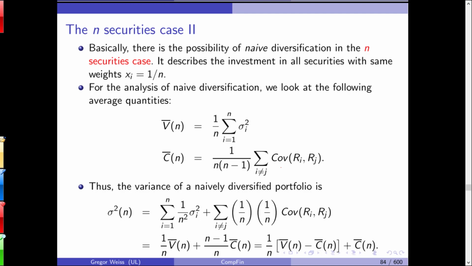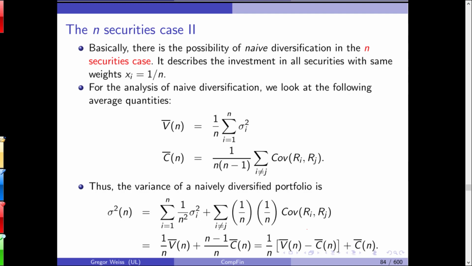And what can we see? Let's calculate the variance of a naively diversified portfolio. Then you will see this is given by the sum of 1 over n squared times the individual variances plus the sum of 1/nth times 1/nth times the covariance between i and j, and all of these covariances are weighted and summed up.